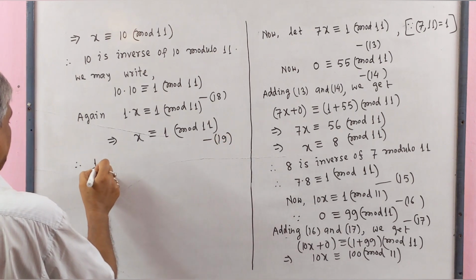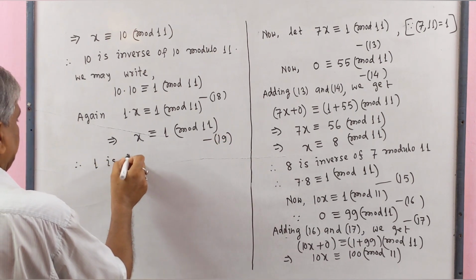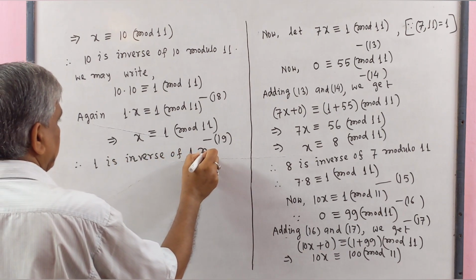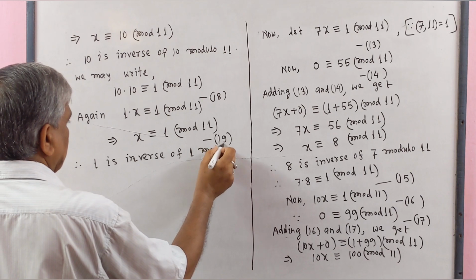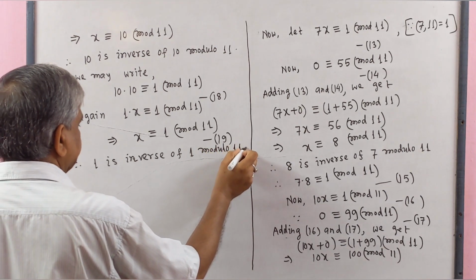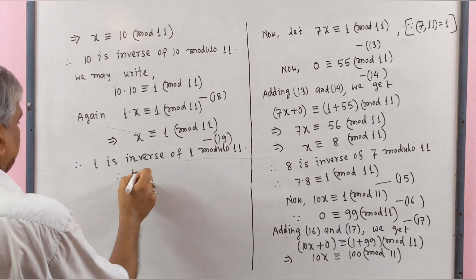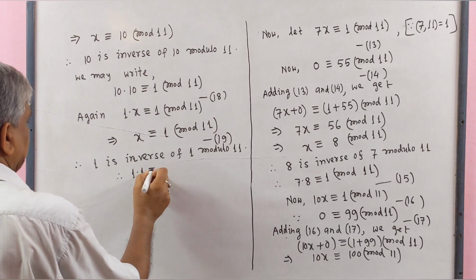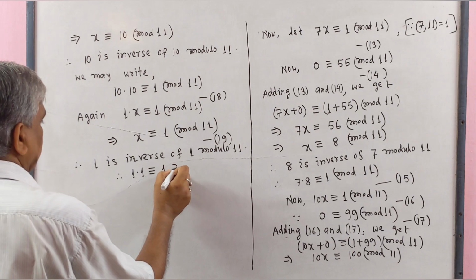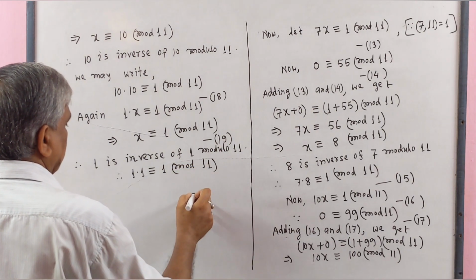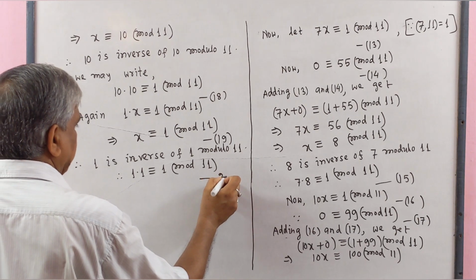Therefore, 1 is inverse of 1 modulo 11. Therefore, 1 multiply 1 is congruent to 1 modulo 11. Let this be 20.